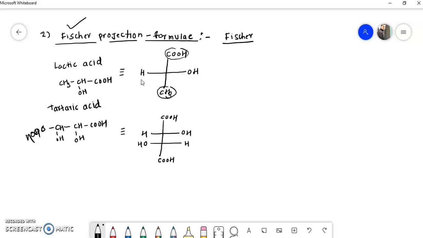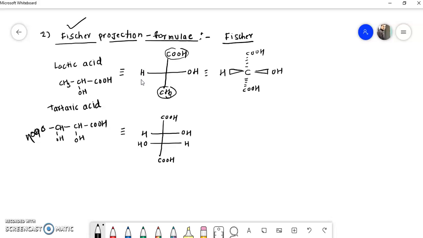Suppose here is a central carbon, then these two groups, COOH and CH3, are on the rear side, and these two groups are on the upper side, or we can say pointing towards us. Actually, this is the meaning of the Fischer projection formula.